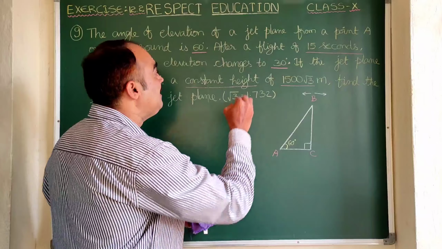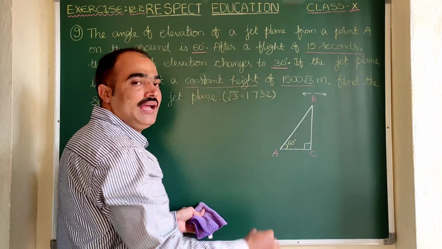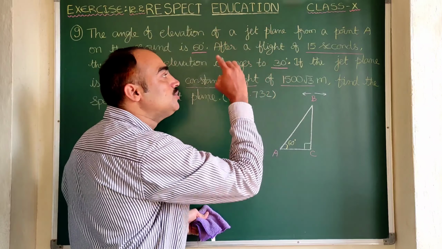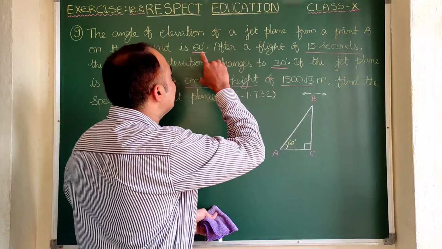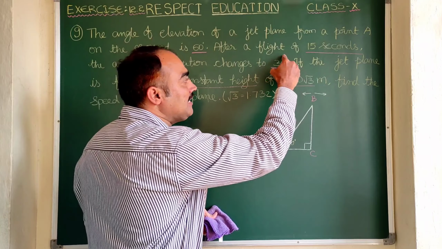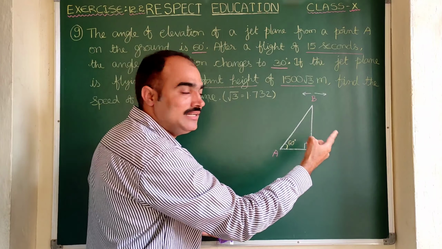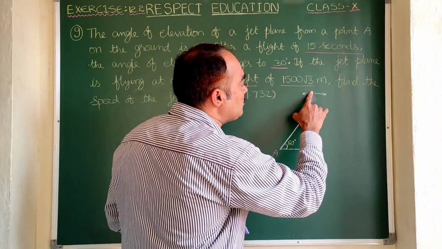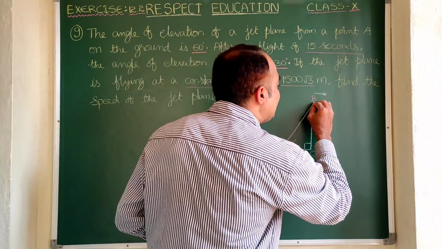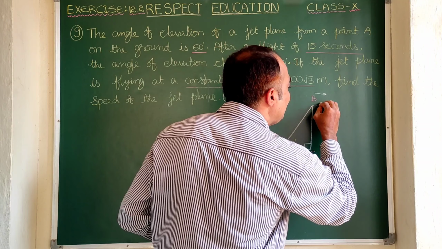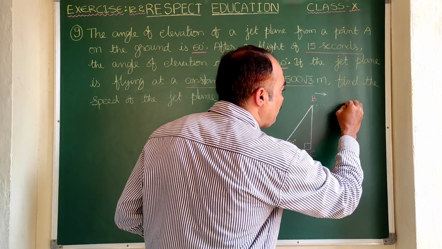It will be decided with the help of the angle of elevation it changes to, which is 30 degrees. 60 to 30 means less angle, means more distance. That means the jet plane is moving towards the right hand side, so that it maintains the constant height.